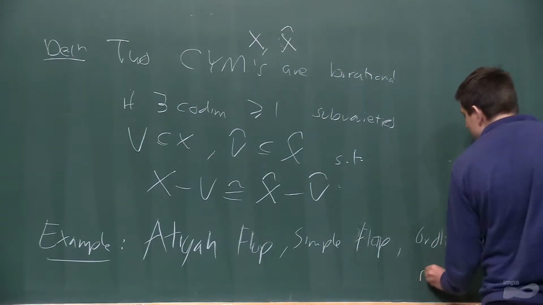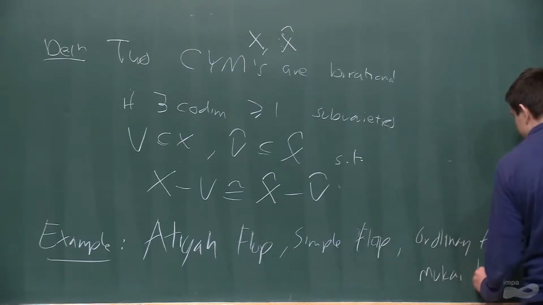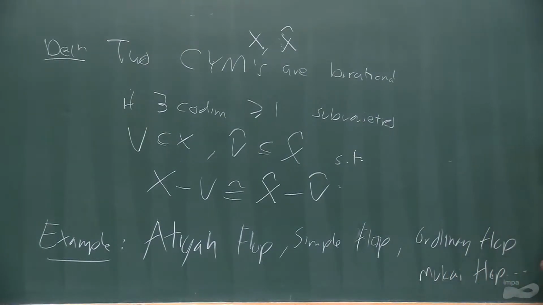And there's other ones like Mukai flop, etc. So I won't describe what these are. But I could just say a word about how at least I can explain what an Atiyah flop looks like topologically.